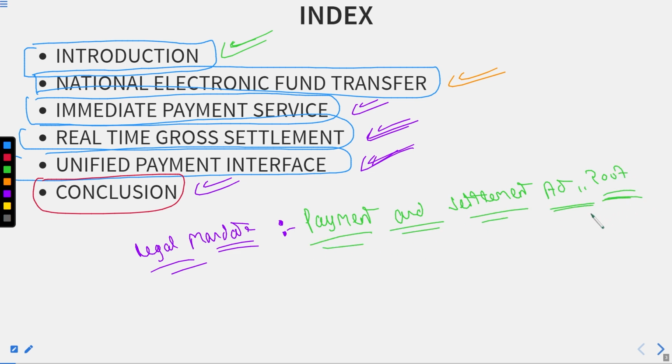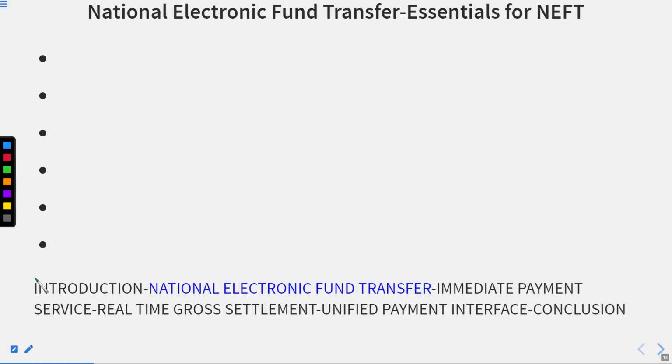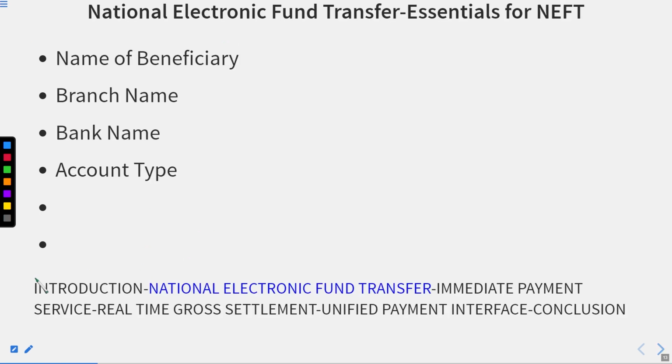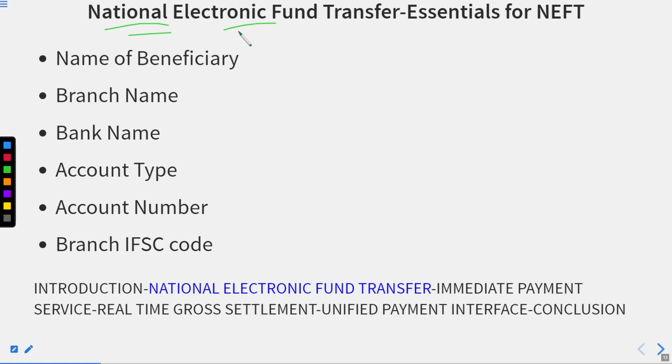This is the legal mandate by virtue of which the Reserve Bank of India governs the payment and settlement system.